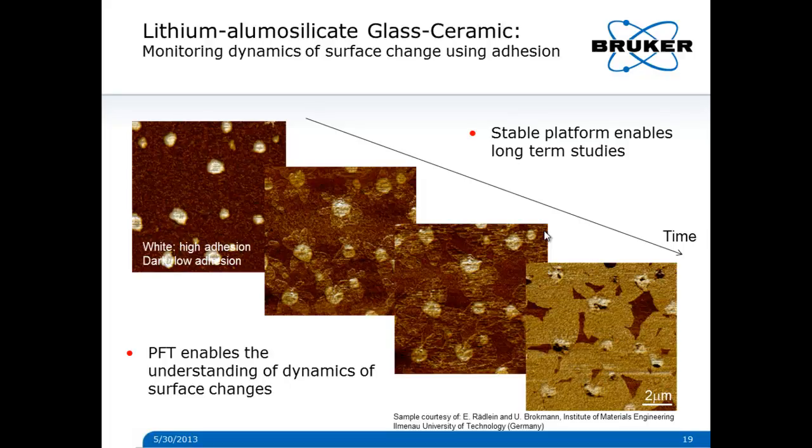When you prepare a fresh fracture surface of this glass, the silver acts as a seed for crystallization. We can identify the seeds because the adhesion is higher for these seeds, and over time, very slowly, you start growing these little crystals off of the silver seeds, and eventually they will cover the entire surface.